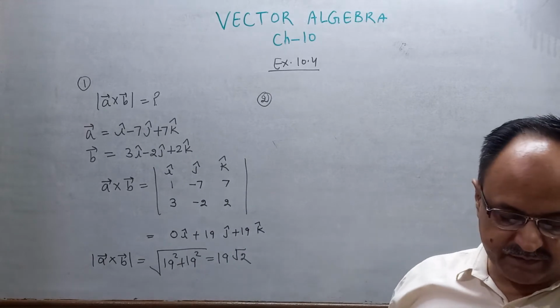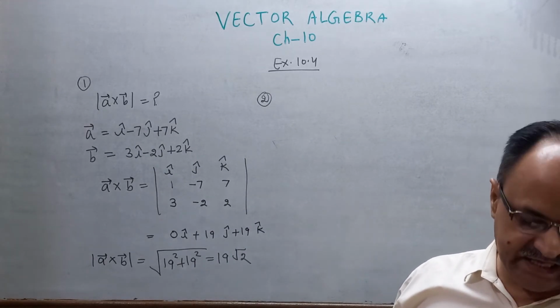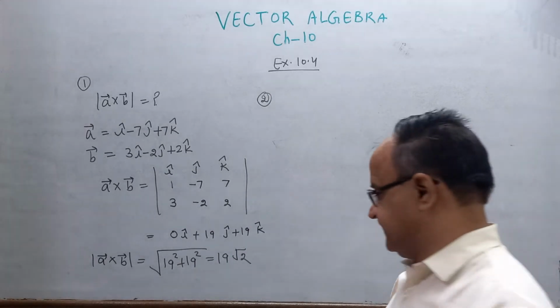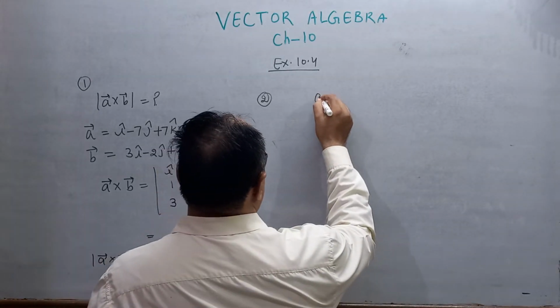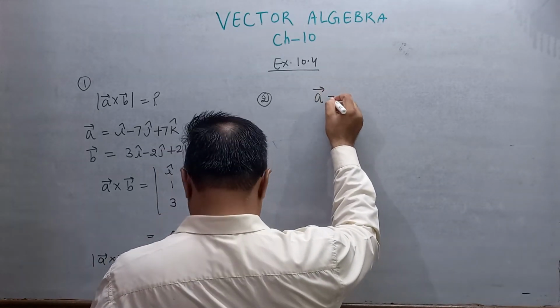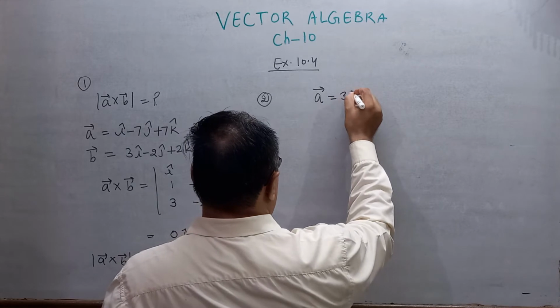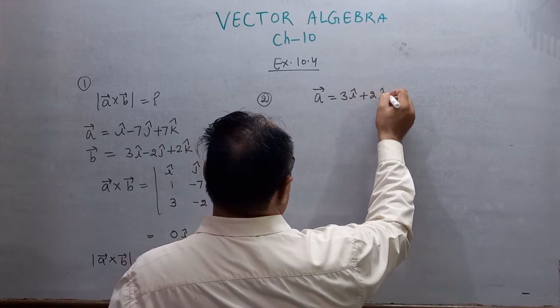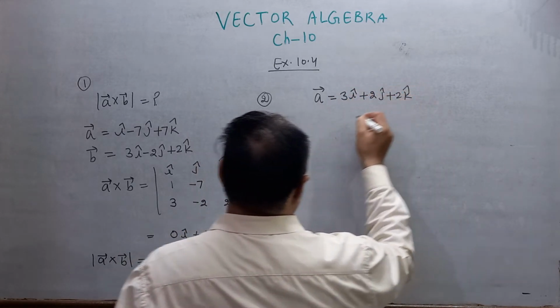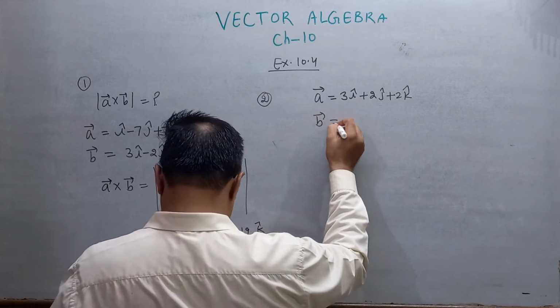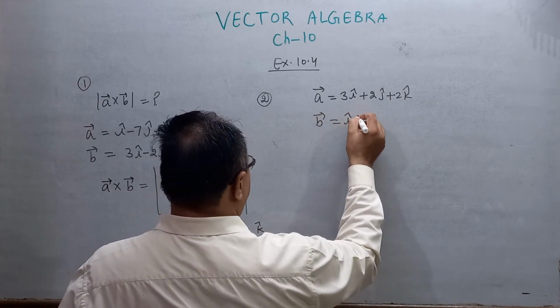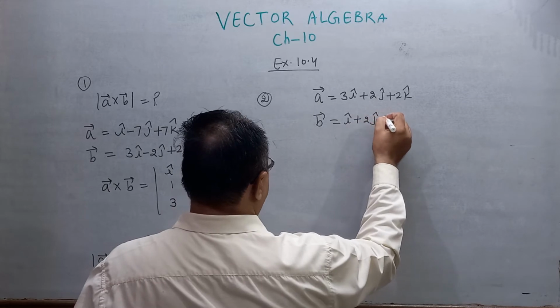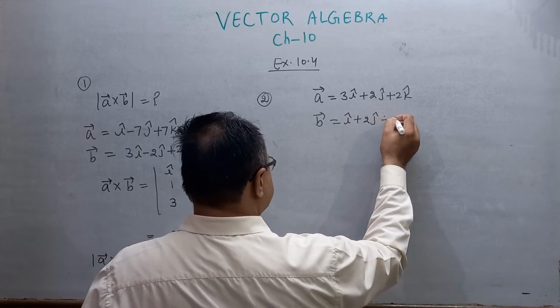Find the unit vector perpendicular to each of the vectors A plus B and A minus B. In this question, vector A is given as 3 I cap plus 2 J cap plus 2 K cap. Vector B is given as I cap plus 2 J cap minus 2 K cap.